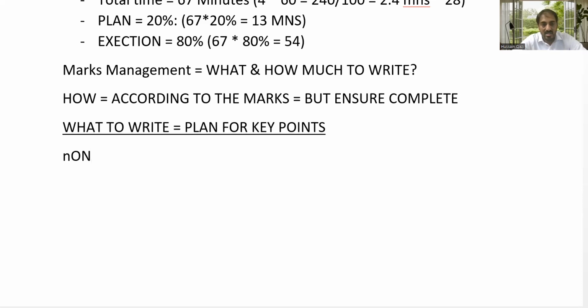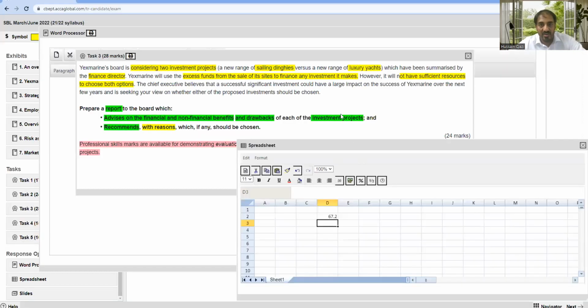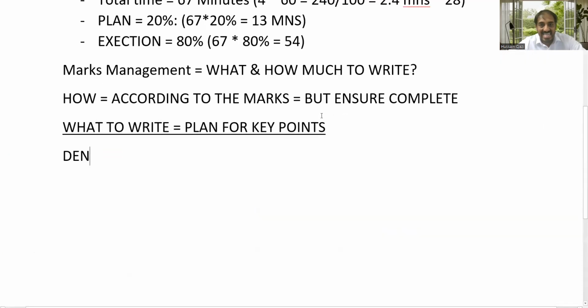You have to mention the first product. The name of the first product is Dengue. About this, number one, the financial factors.